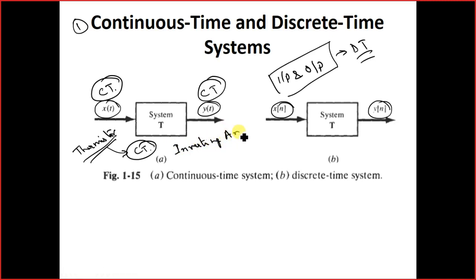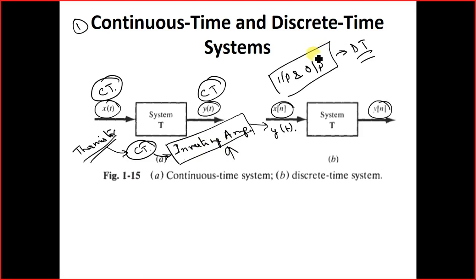It takes the signal from here and converts it into an output signal y(t), which is again continuous in nature. So this inverting amplifier, or even the non-inverting amplifier, are continuous time systems.